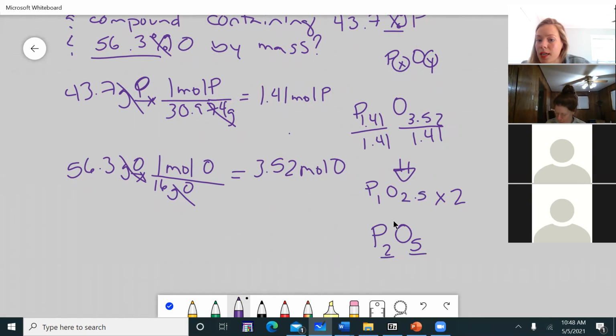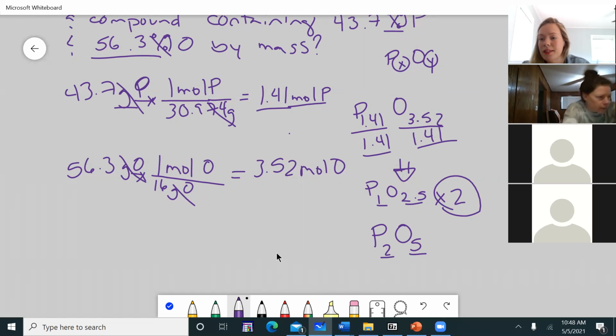This ratio is the same as this ratio and is the same as this ratio. It's just this ratio is whole numbers, and we like whole numbers. We don't like decimals. So grams into moles, divide by the smallest decimal. Hope you get a whole number. If you don't get a whole number, you multiply by a number to get it into whole numbers. And that's how you do it.